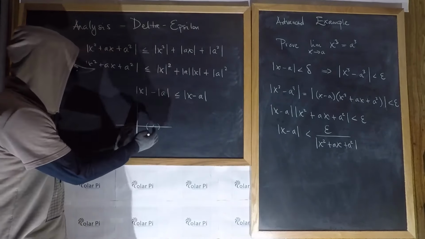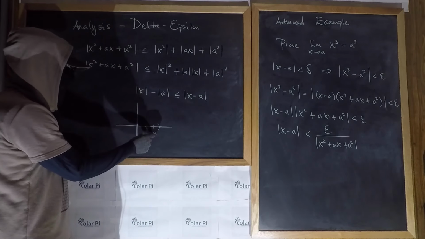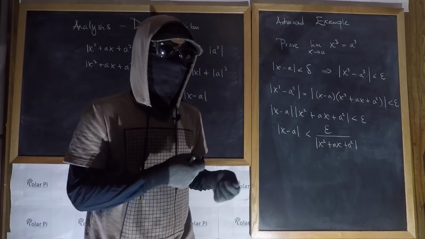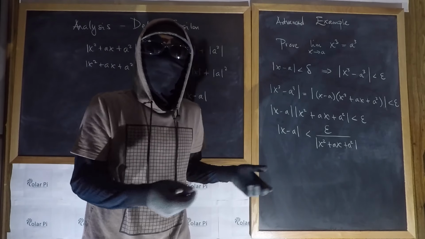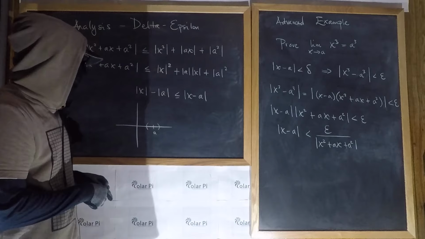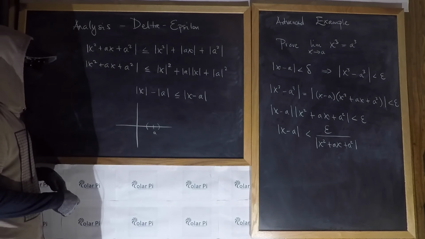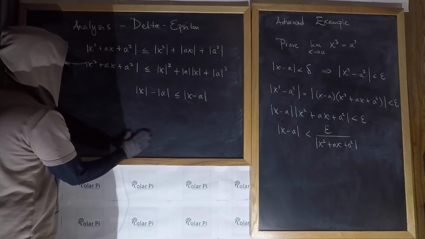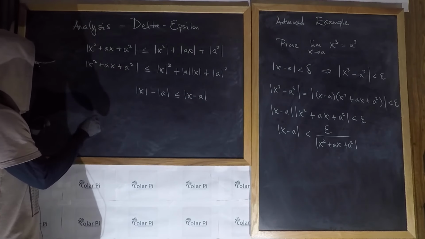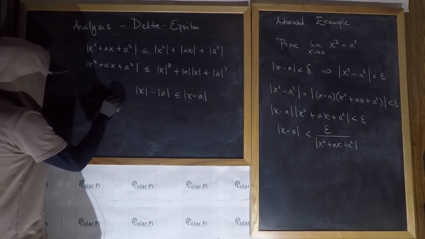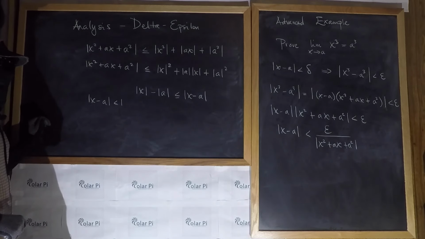Any positive number for delta would work, but 1 is sufficiently small. So let's say there's a cap on the absolute value of x minus a, and that it's less than 1.